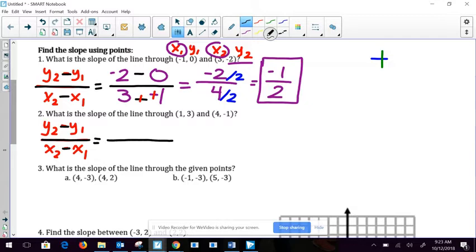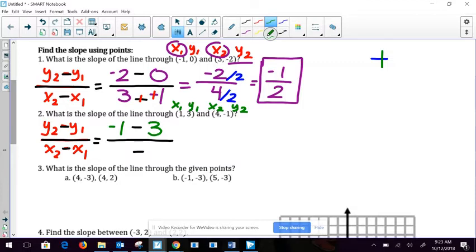So here's my fraction, here's my subtraction. Now that I went ahead and rewrote that stuff, I'm going to label my points. x1, y1, x2, y2. So looking at my formula, which number's in the y2 position? -1. Which number's in my y1 position? Good job, it's a 3.